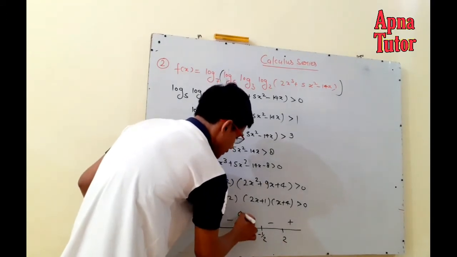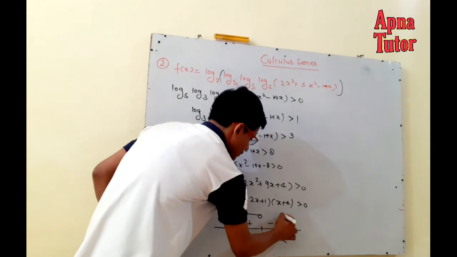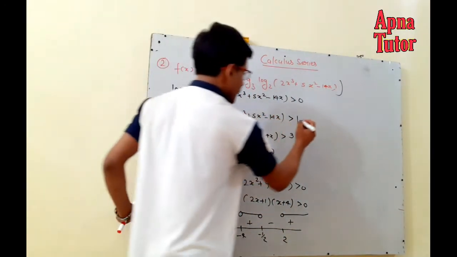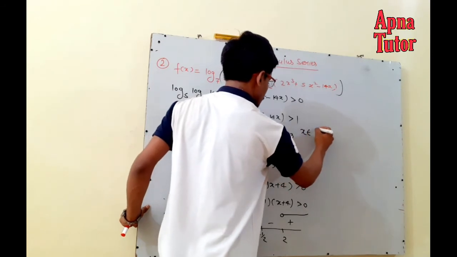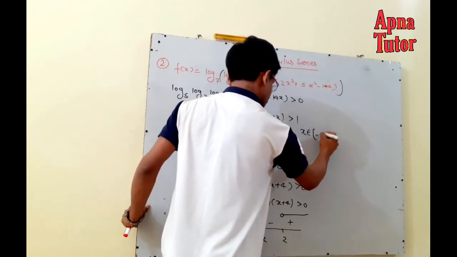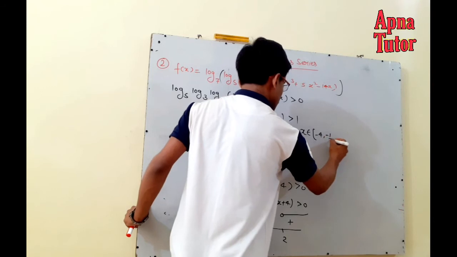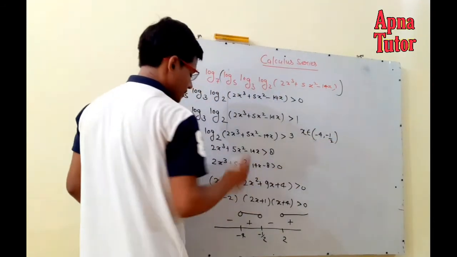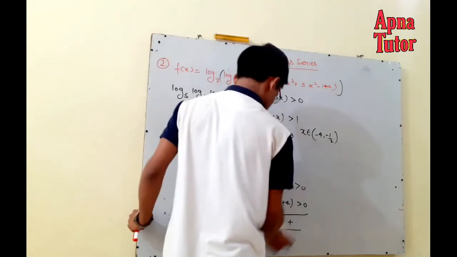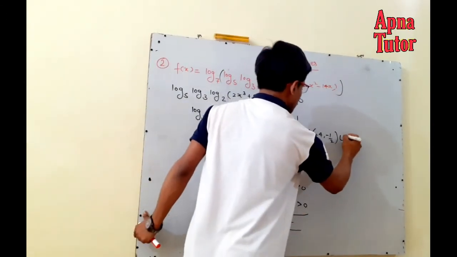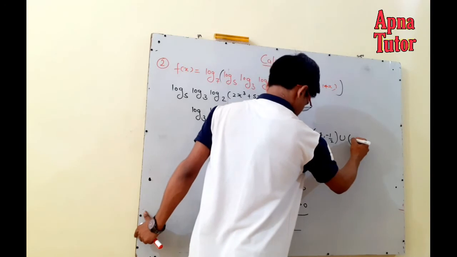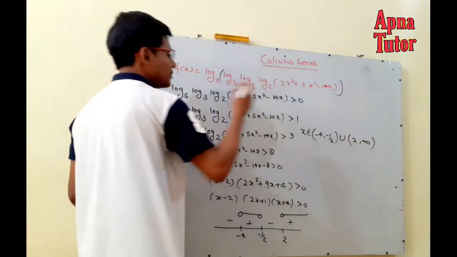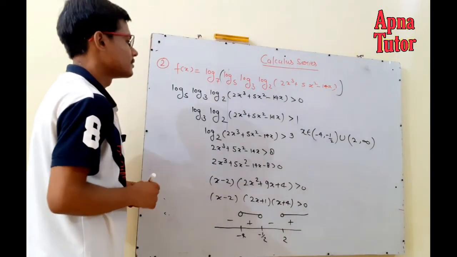So the domain of this function is x belongs to minus 4 to minus half, which you have to make open because your inequality must be positive for this function, and union 2 to infinity. So this will be the resultant domain of this function.